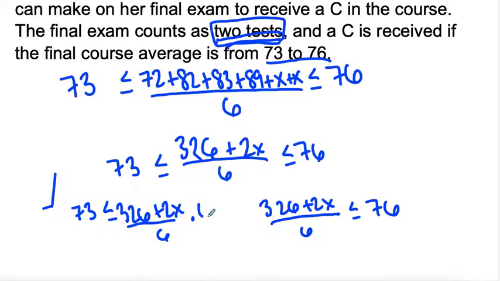So we're going to multiply both sides of this inequality times 6. So our 73 times 6 gets us 438, which is less than or equal to 326 plus 2x, because these canceled out. And then we can take that 438 and we will subtract 326 from both sides.